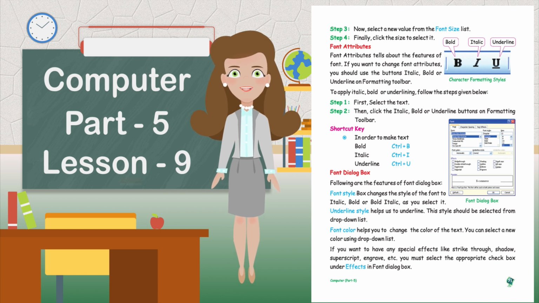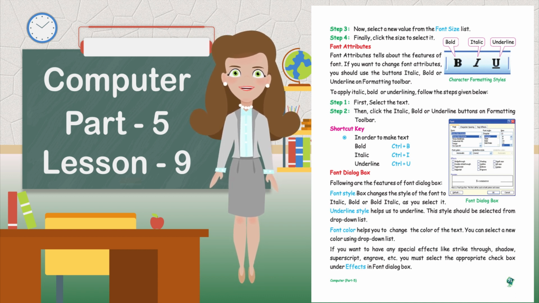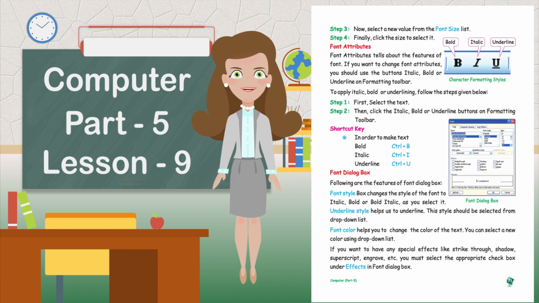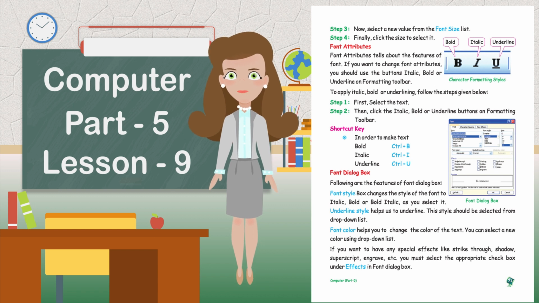Font dialog box. Following are the features of font dialog box. Font style. Box changes the style of the font to italic, bold, or bold italic as you select it. Underline style helps us to underline. This style should be selected from drop-down list.